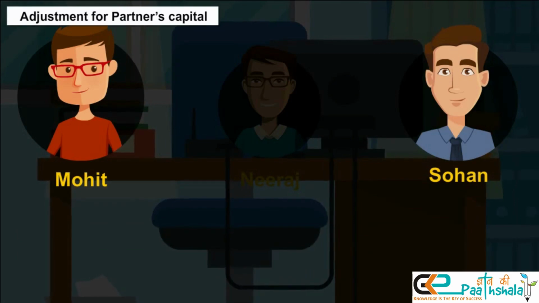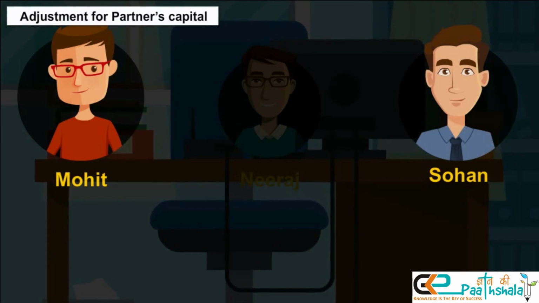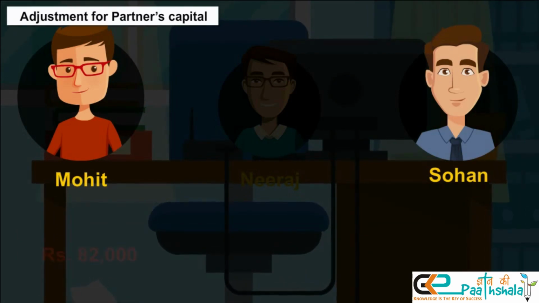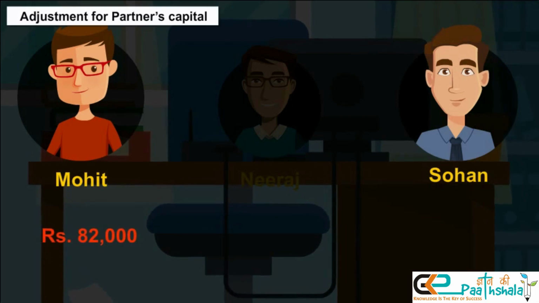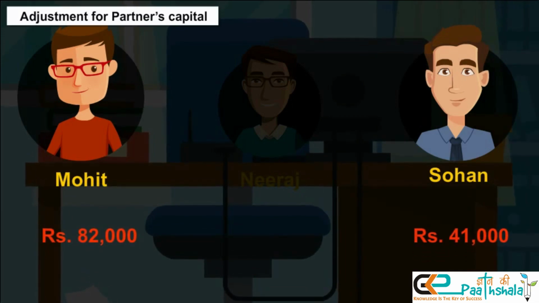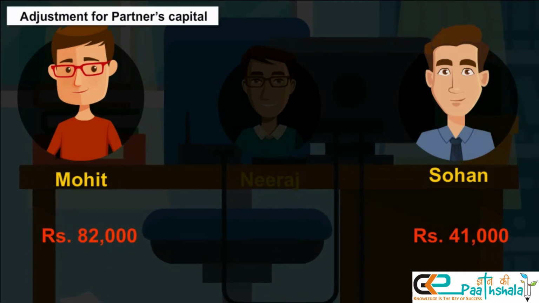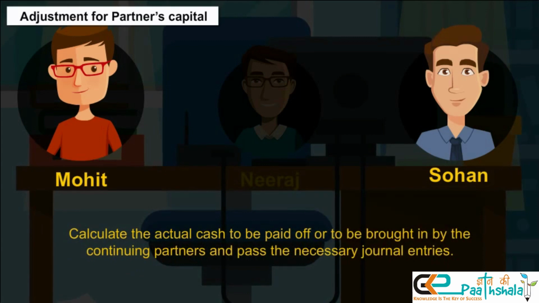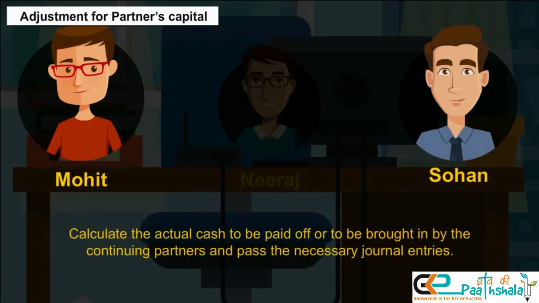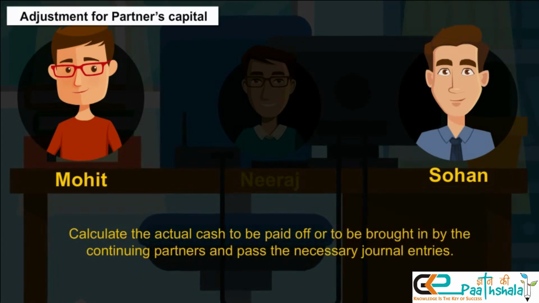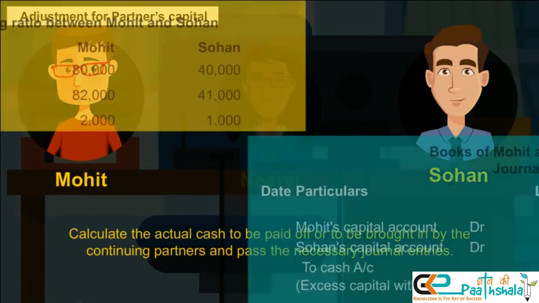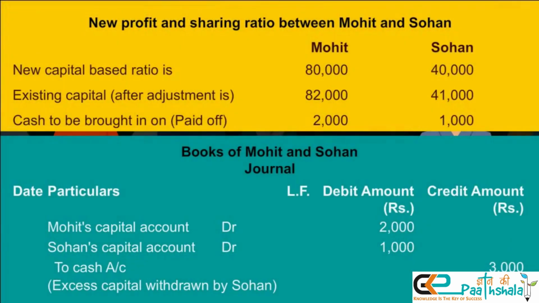The capital accounts of Mohit and Sohan show a credit balance of rupees 82,000 and rupees 41,000 respectively. After making all the adjustments, calculate the actual cash to be paid off or to be brought in by the continuing partners and pass the necessary journal entries.